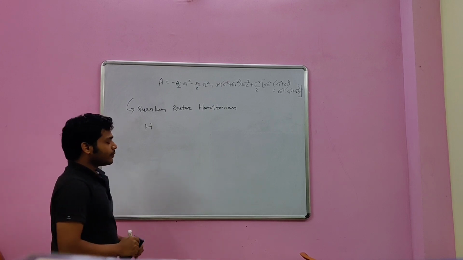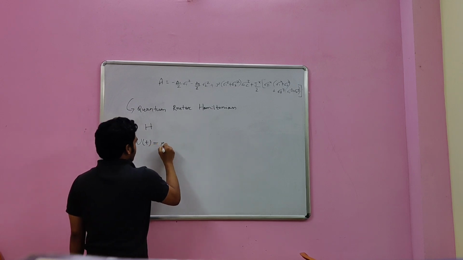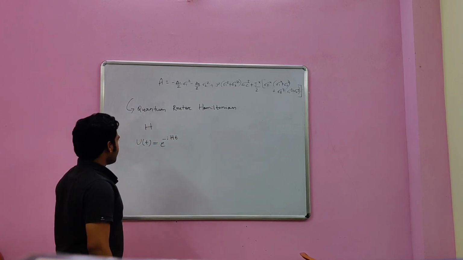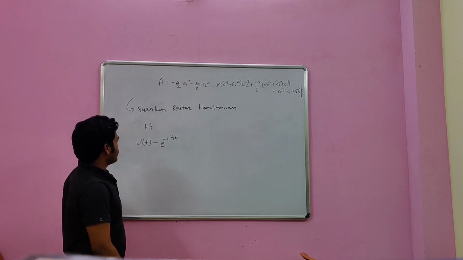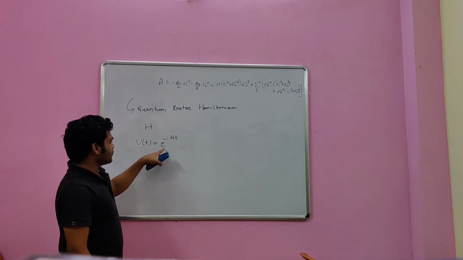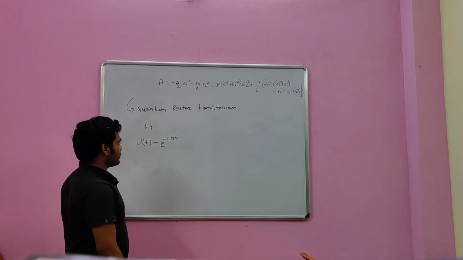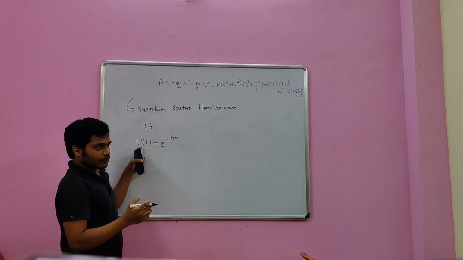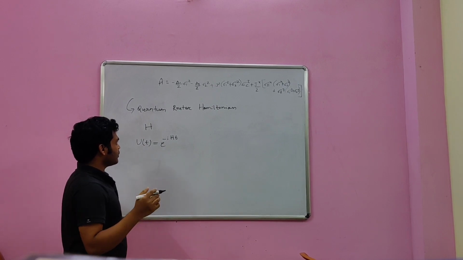So the unitary operator will be exponential minus iHt, and t is our time, I mean the time interval for which we want to see the evolution of the system.